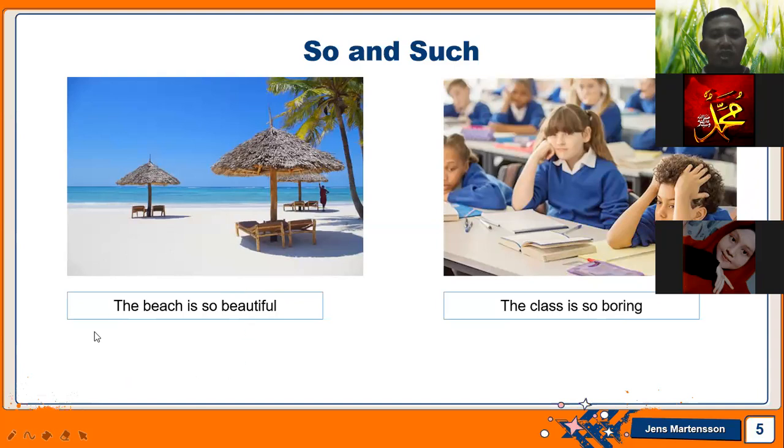The first picture, can you use such here? Yes, like the previous sentences. It is such a beautiful beach. Okay, and then the second.